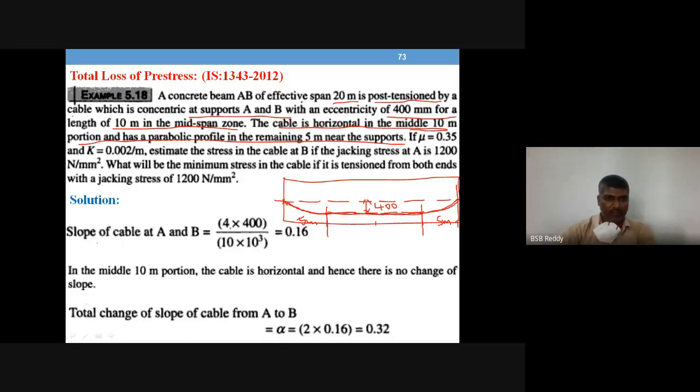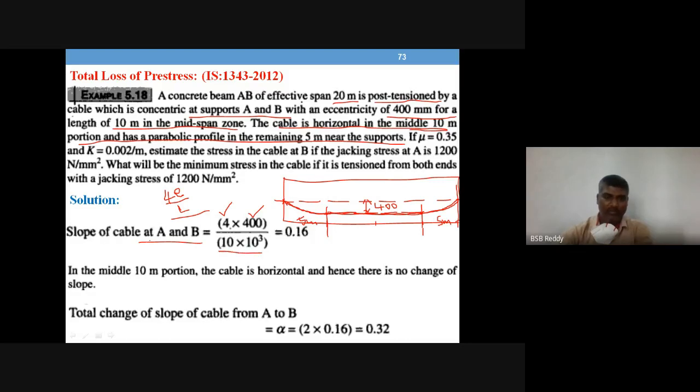Right. Now slope of the cable at A and B. As this is a parabola, we have to use the formula 4E by L. Okay. Remember, this is a parabola, so you have to use the equation of parabola and then differentiate it, dy by dx. Okay, that if you substitute, you will have 4E by L. 4 times E, eccentricity 400 mm, by L is 10 meters.